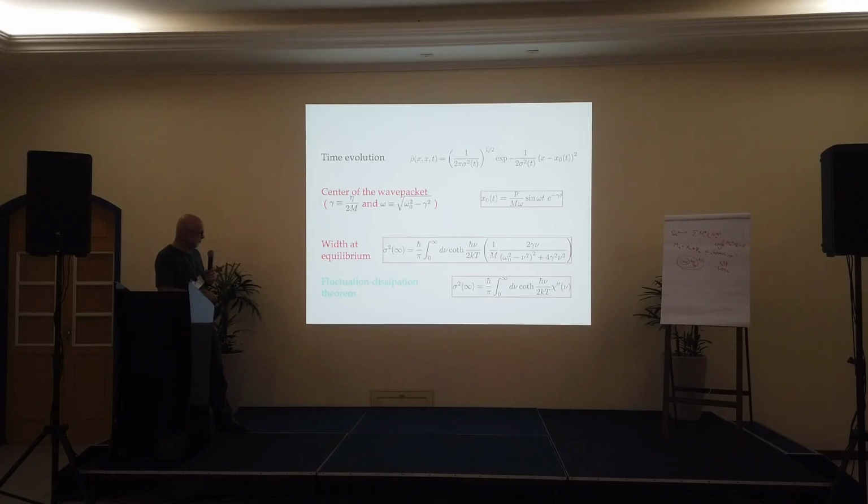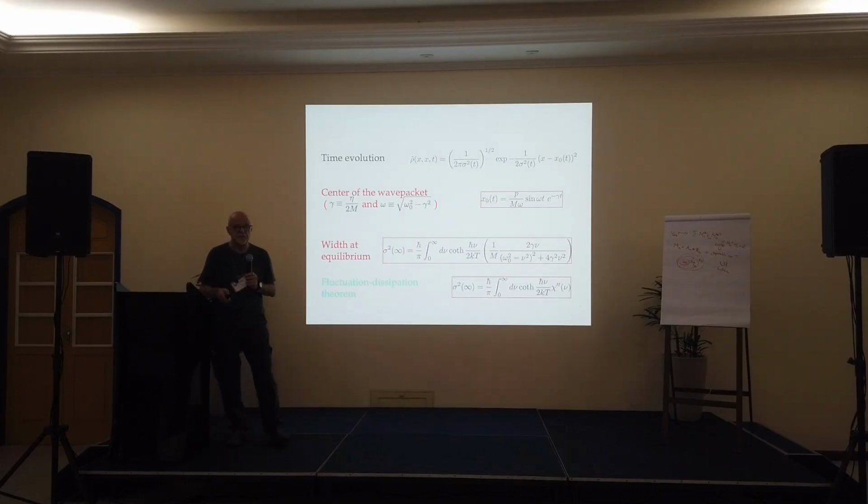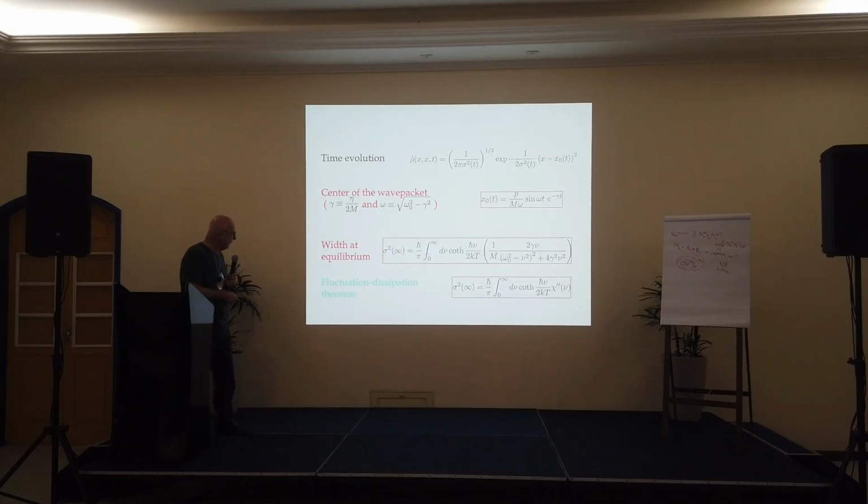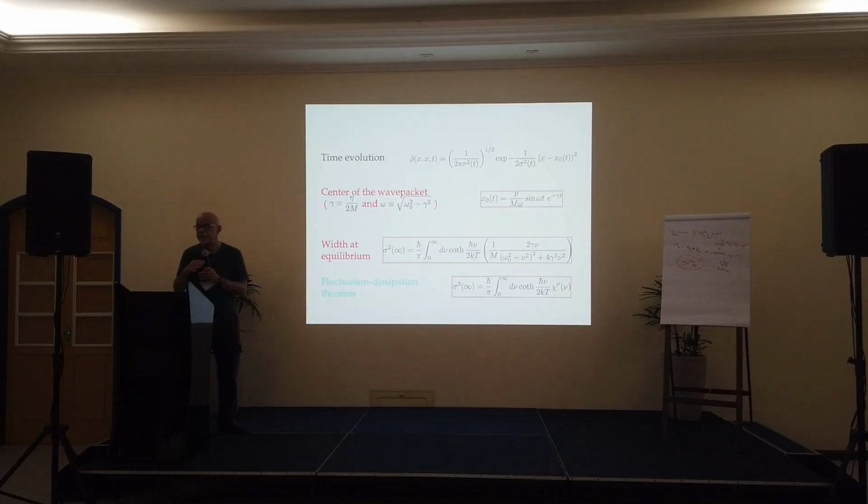But this expression turns out to be the imaginary part of the response of a damped harmonic oscillator. So that's nothing but the fluctuation dissipation theorem, in full form, with no approximation of high temperature or low temperature. That's the most general there is. That's the fluctuation dissipation theorem.